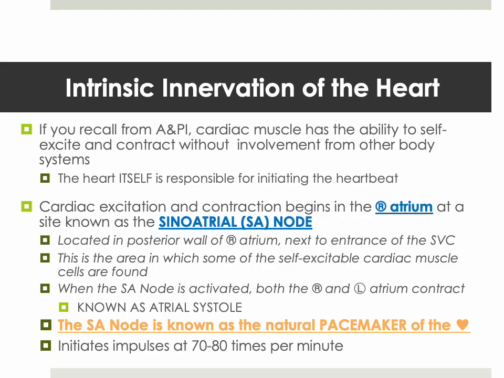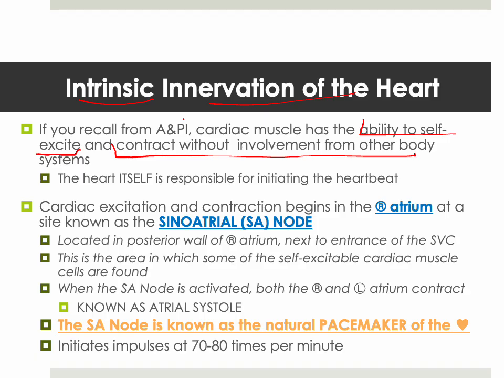So let's start. This intrinsic innervation has the ability to self-excite, meaning stimulate without involvement of any other body systems. There's influence of other body systems on the heart, but it doesn't need to be there to act, right?